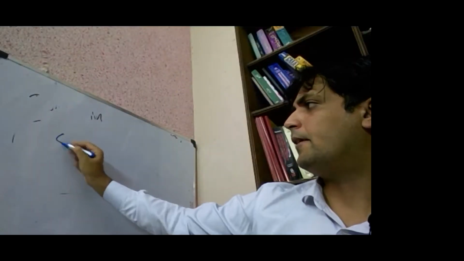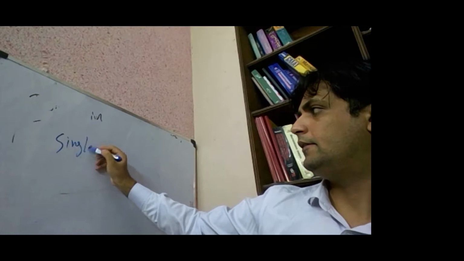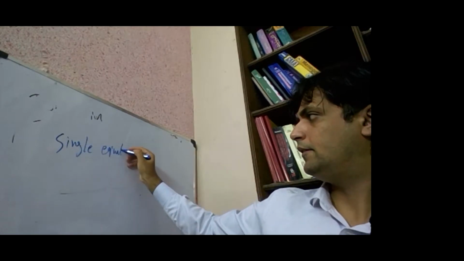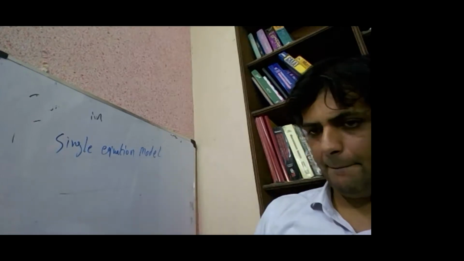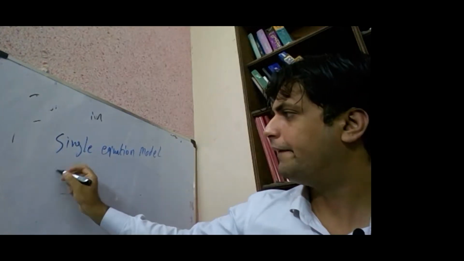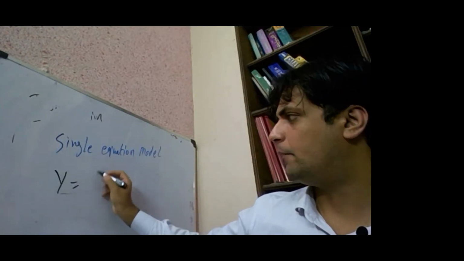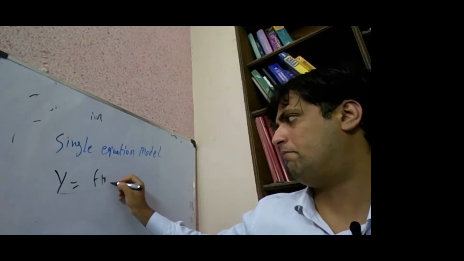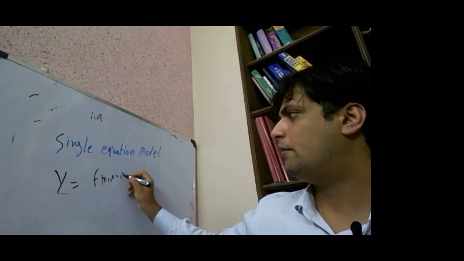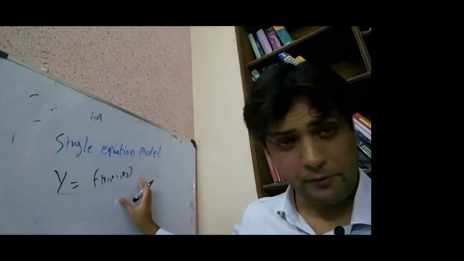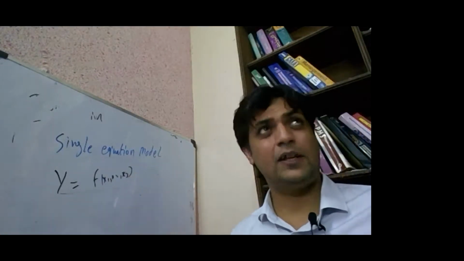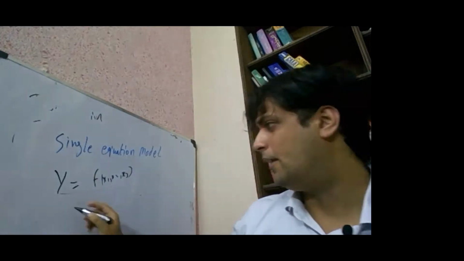That's a single equation model, where you can have a single equation y equal to f of x, maybe x1, x2, x3, and so on. It doesn't matter how many variables you have. The thing is that the equation must be single.